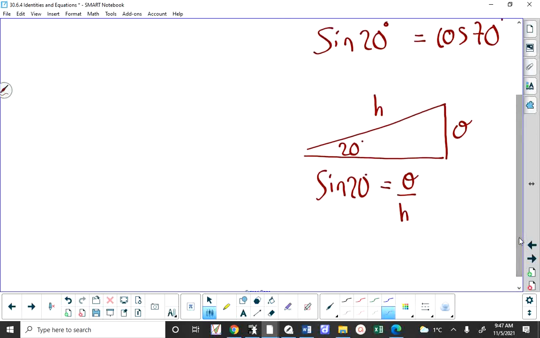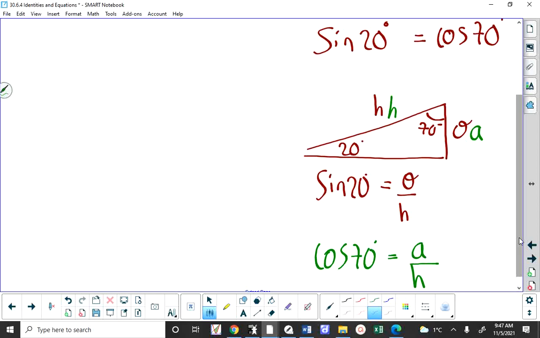And if I say to you, what is the cosine of 70 degrees? Well, 70 degrees is up here because these two angles have to add up to 90. Well, that cosine of 70 is equal to the adjacent over the hypotenuse. But the adjacent to 70 degrees is the opposite to 20.